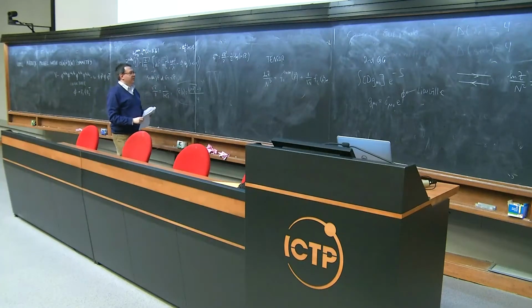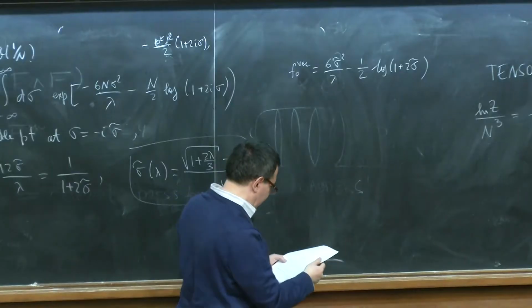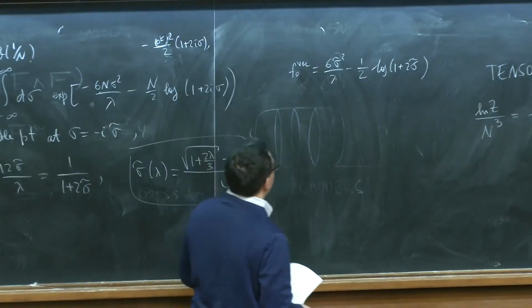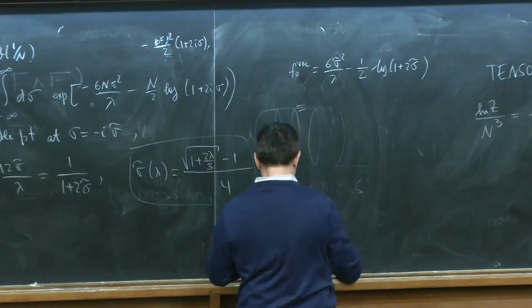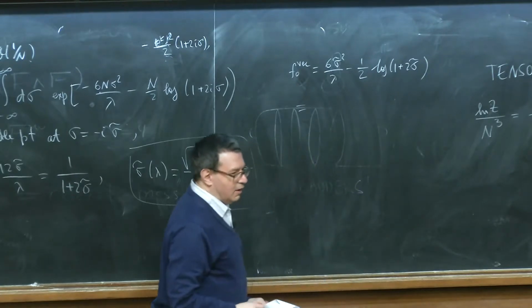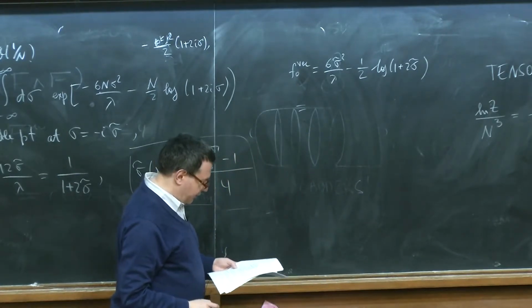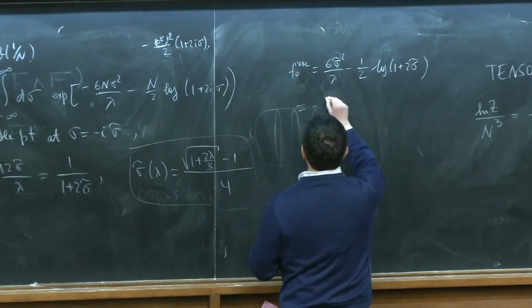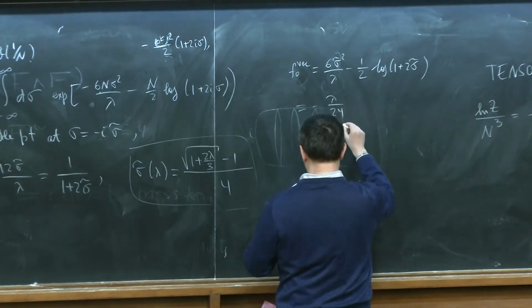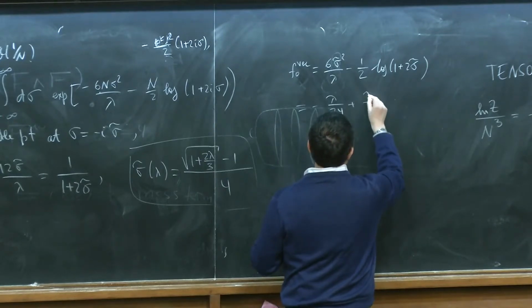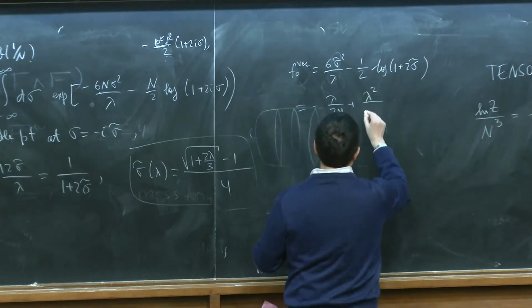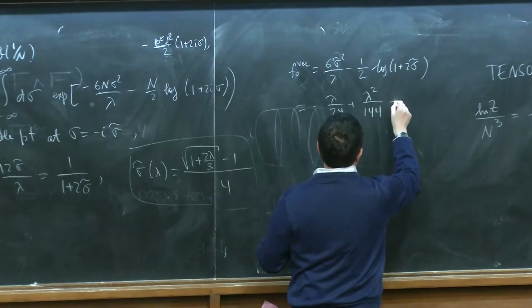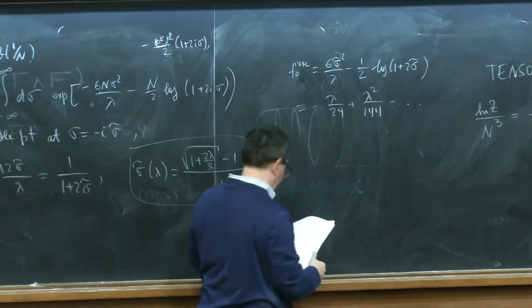So it's a completely explicit solution of the leading large n limit. And when you expand it in lambda, you can see that our knowledge of how to do Feynman graph combinatorics was okay. You indeed get that the leading term is minus lambda over 24 plus lambda squared over 144, and so on.